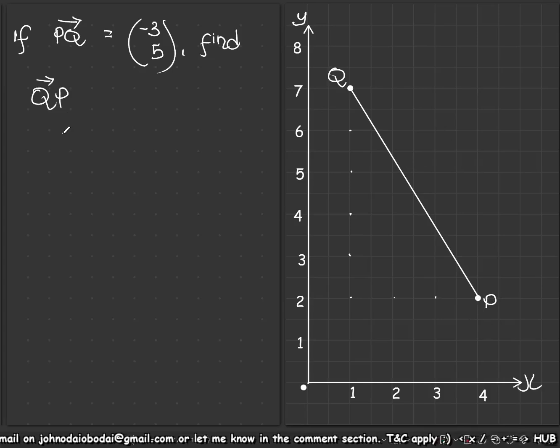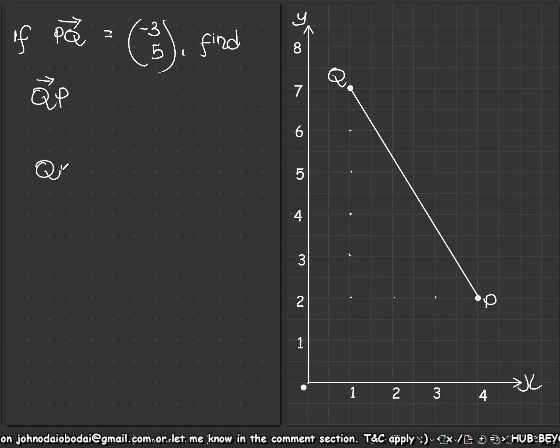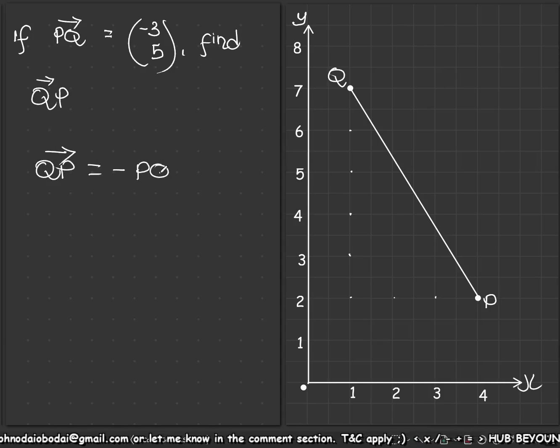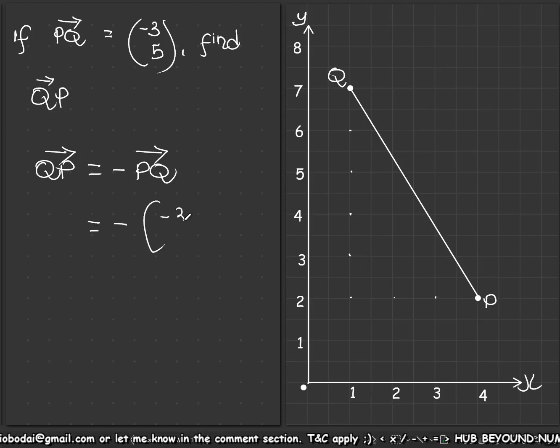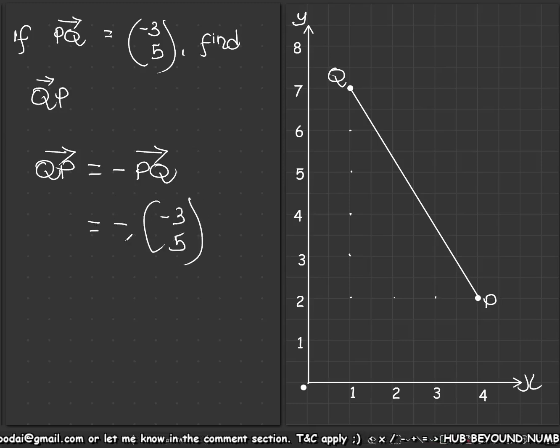But to solve it without the graph, then QP is just the negation of PQ, and we know what PQ is. So negating it means we have a negative of -3 and a negative of 5, and we know this negative affects both.